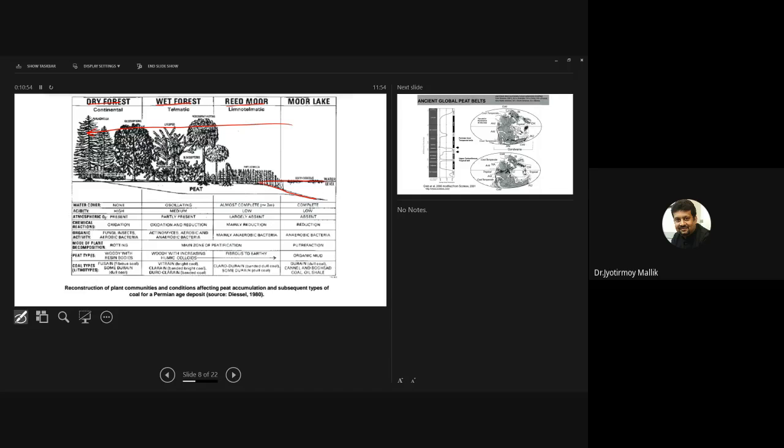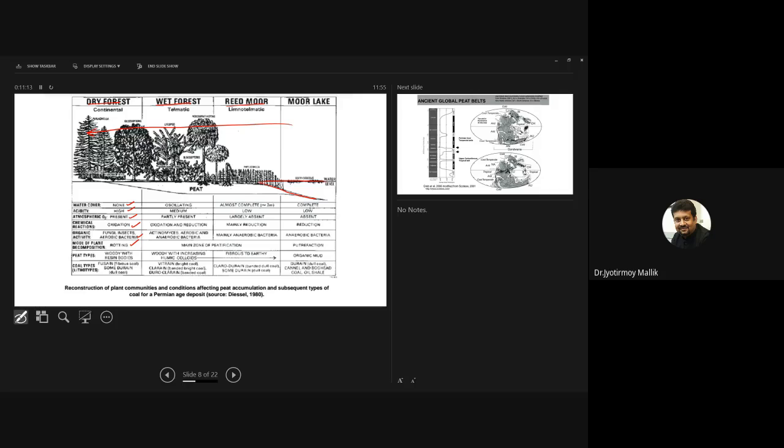Acidity is very high. Atmospheric oxygen is present. The chemical reaction that you will expect here is oxidation. Organic activity: fungi, insects, aerobic bacteria. And what would that do? That would essentially decompose your plant and rot it.